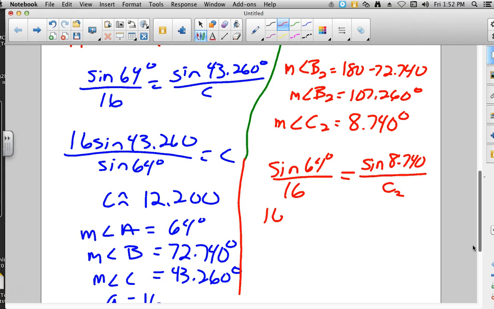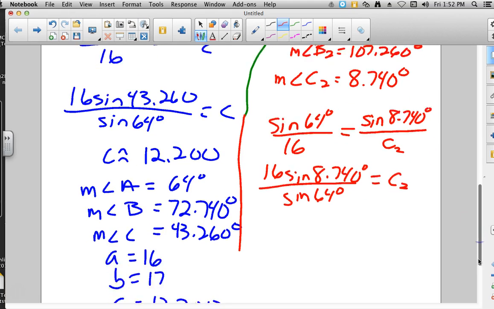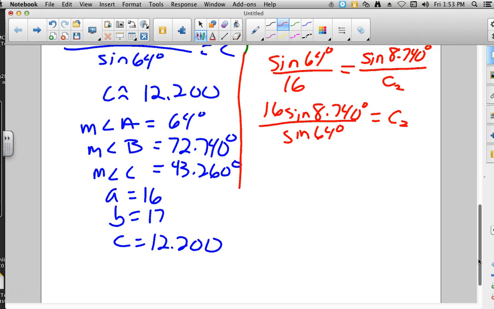So this will be 16 sine of 8.740 degrees divided by the sine of 64 degrees, just by cross multiplying. And we plop that in. Again, you'd start with the computation you already have in your calculator, hit sine, second answer, then take that times 16, and then divide it by the sine of 64 degrees, and you'll have 2.705 for C sub 2.